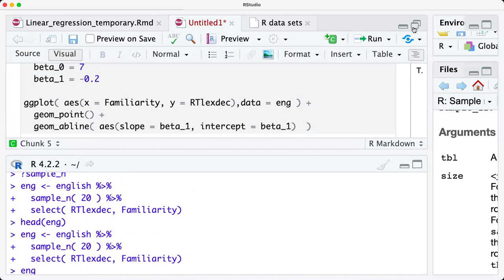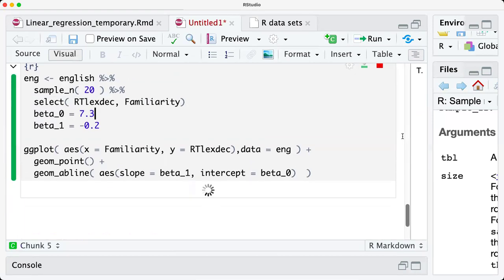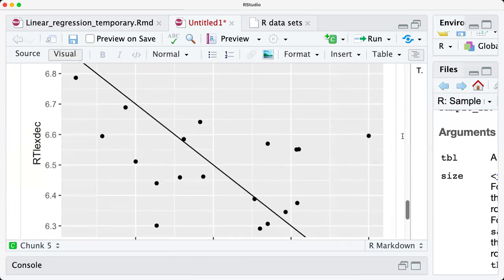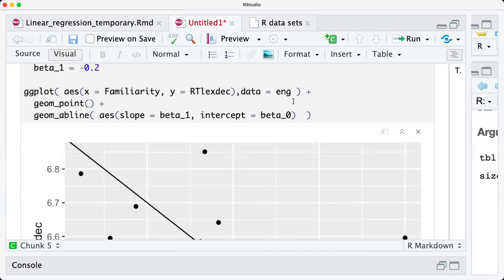Ah, okay. Of course, thank you. Okay, now we see a line. And let's paint it red.